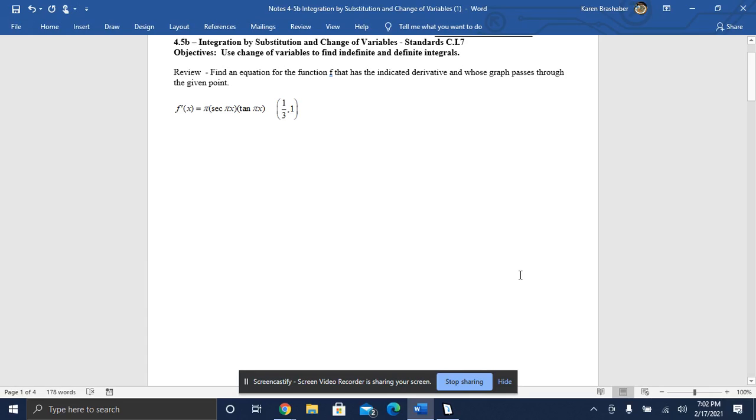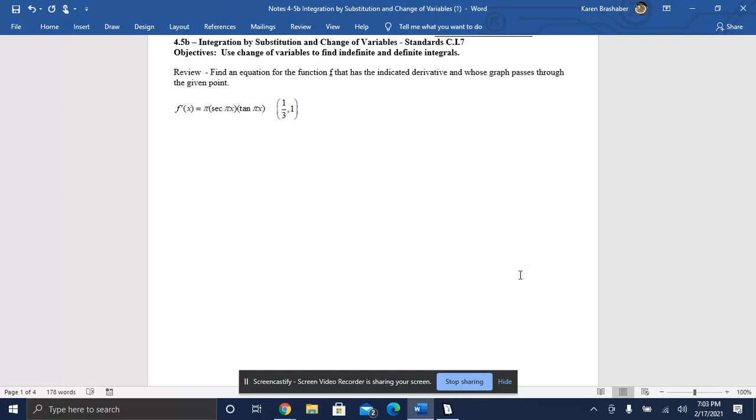Students, today we'll be working on the second day of integration by substitution, and this time we'll introduce a final method that can be used if there is a pattern that doesn't allow you to find the derivative and write it in terms of the derivative dx.